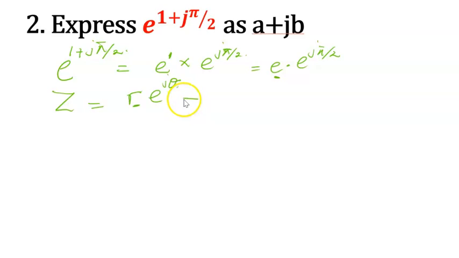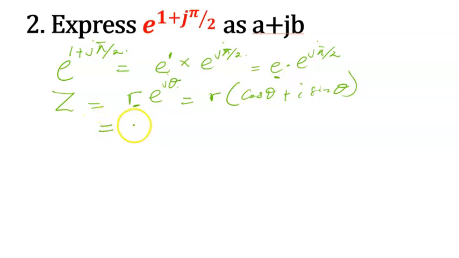Now, if you remember that z is also the same thing as r times cos theta plus i sine theta, this will help me convert it fully to rectangular form.